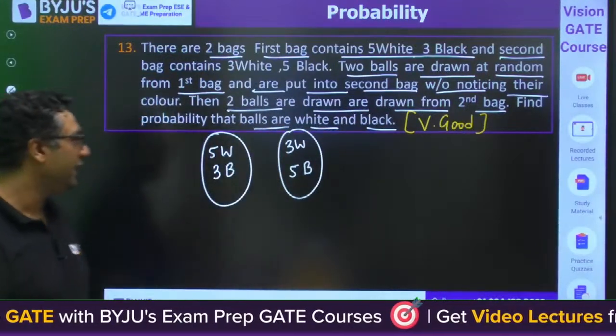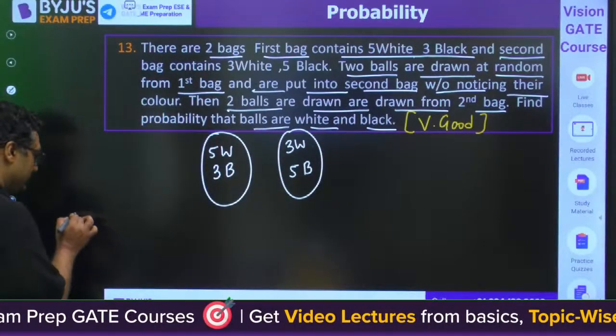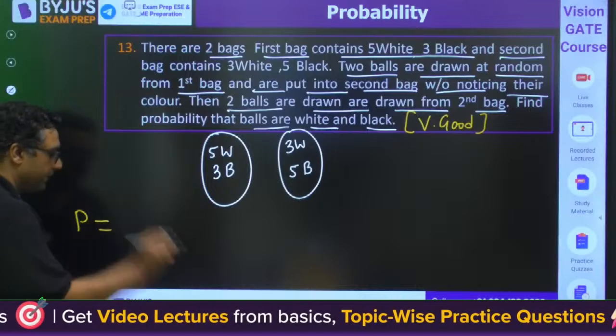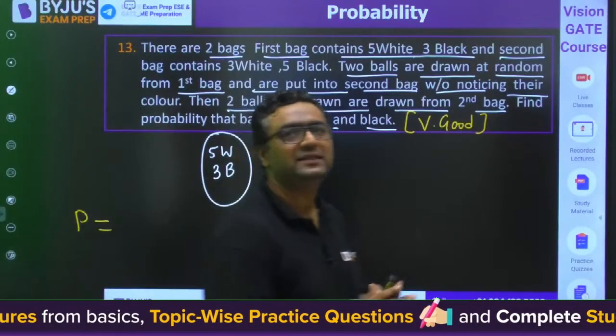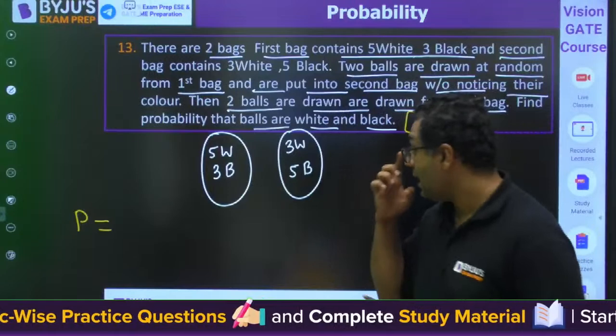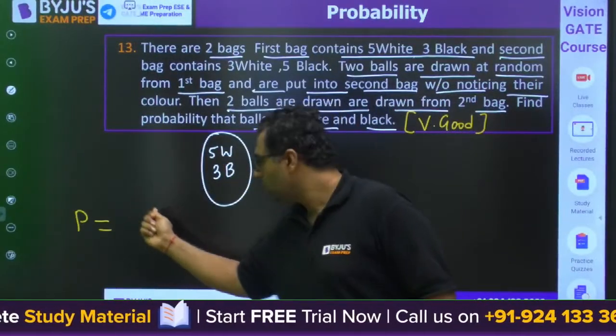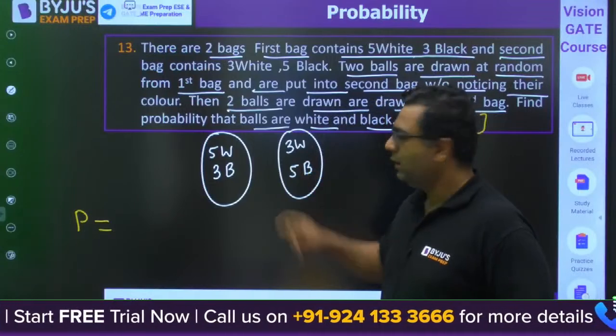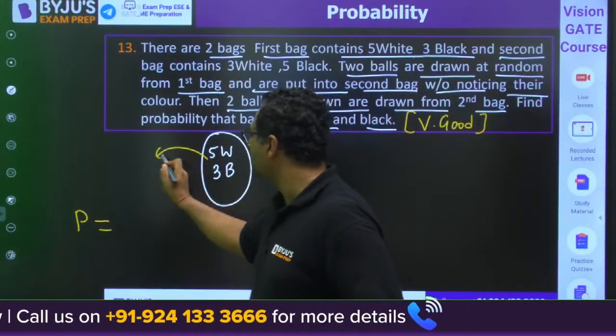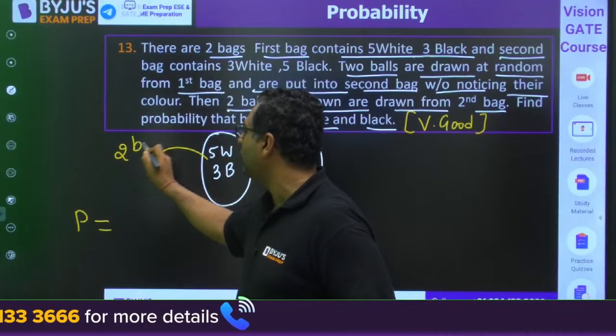So we are going to take 3 cases in this. First case can be, I take 2 white balls from this and put it here. We are going to take 2 balls from here and we are not even looking at the color.